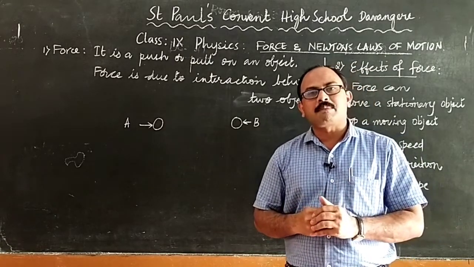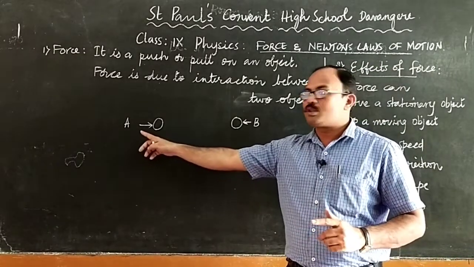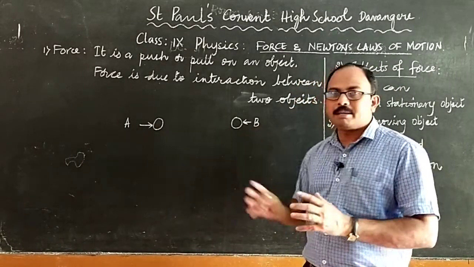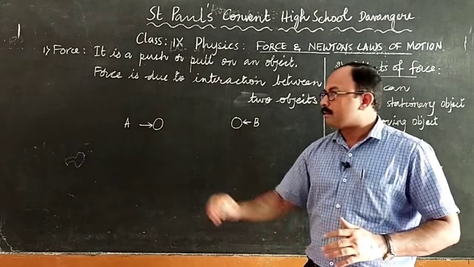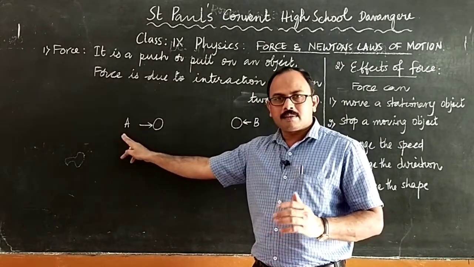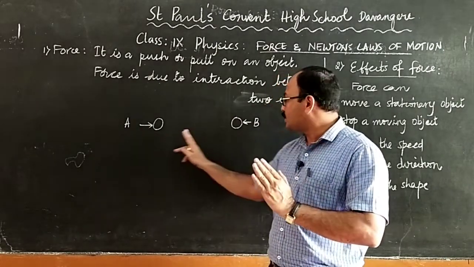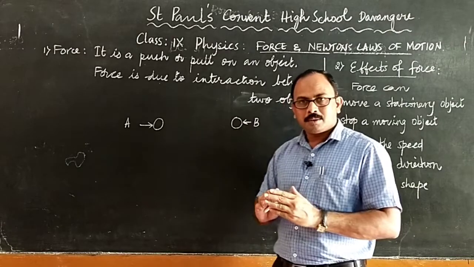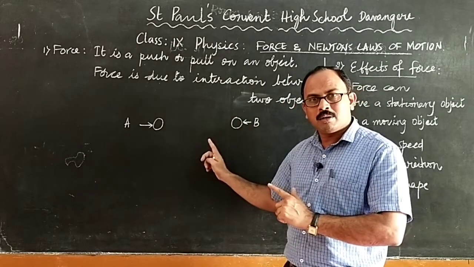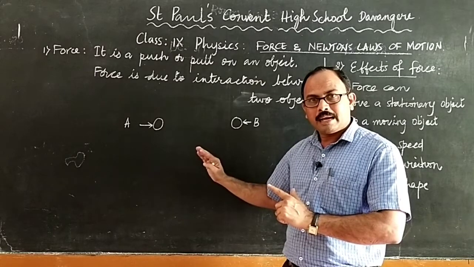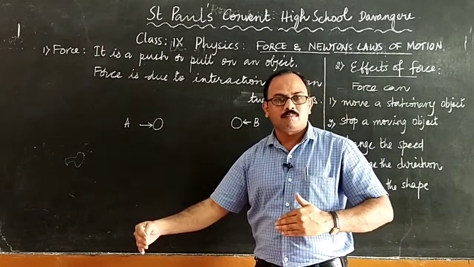How can this be explained? Let me take an example, children. Two boys, A and B, play football. Boy A interacts with the ball by kicking it towards B. Boy B interacts with the ball by stopping it, and interacts with the ball by kicking it again too.